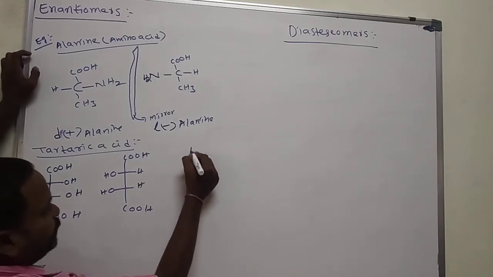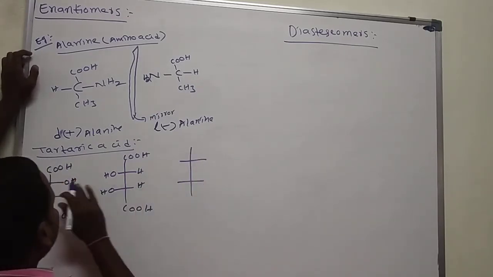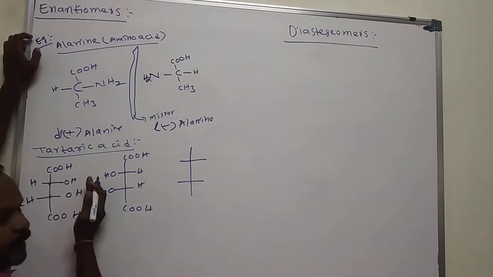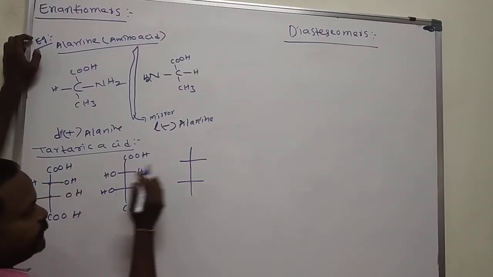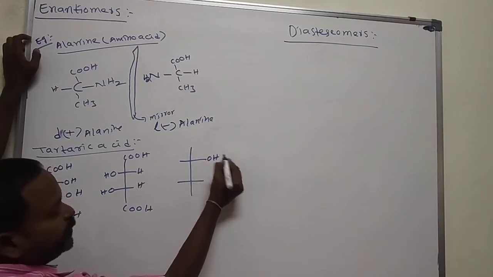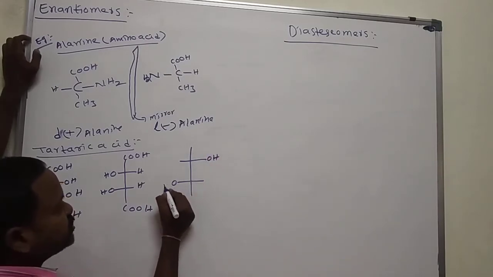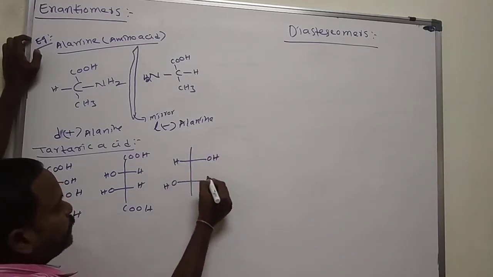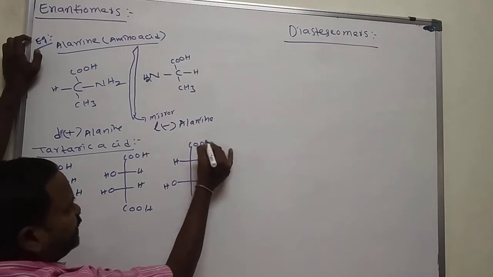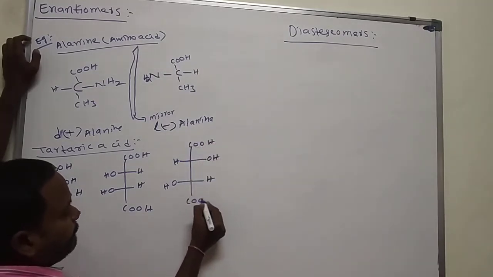See, both OH groups are on the right side, and both OH groups are on the left side. Here I am writing one OH group on the right side and one OH group on the left side. This is also tartaric acid.